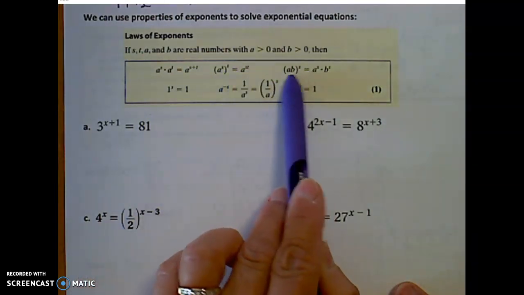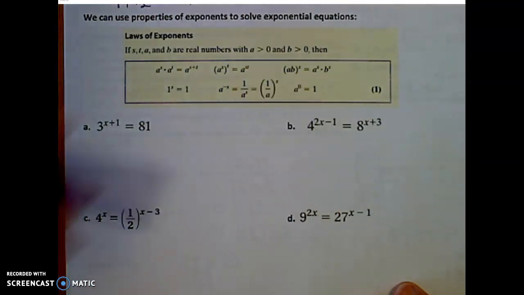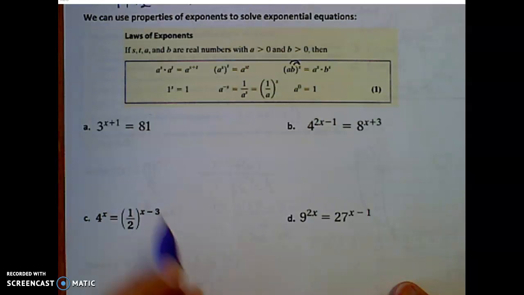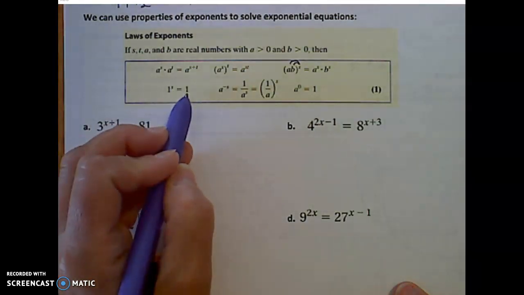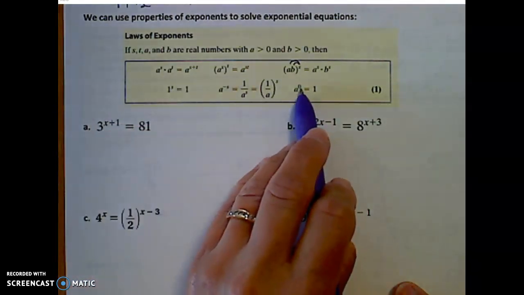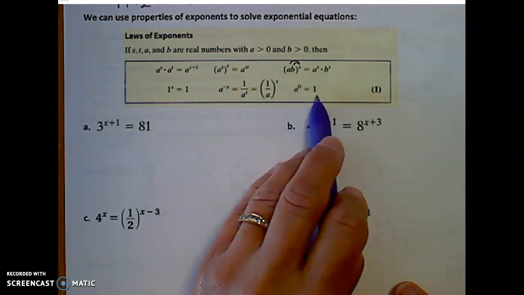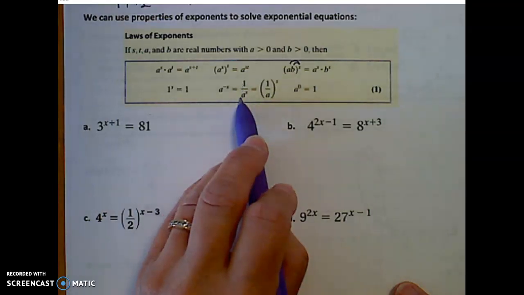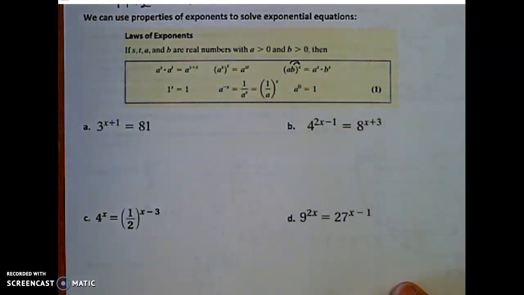When I raise a product to a power, I have to raise everything inside to that same power. 1 to any power is 1. Any number to the 0 power is 1. And when I have a negative exponent, that becomes 1 over that base to that exponent. It's a reciprocal, we call it.